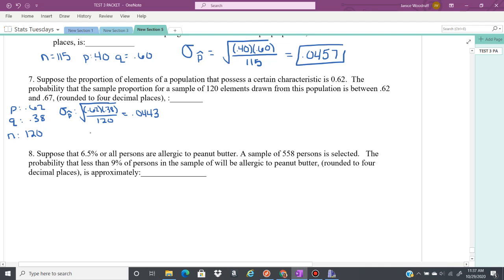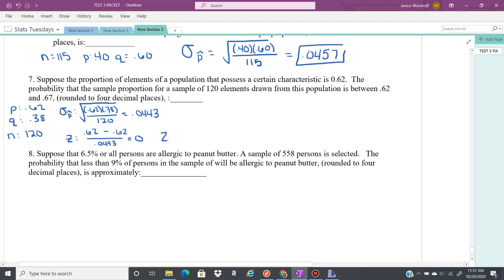Then I want a z-score for 0.62 and 0.67. So we'll start over here. I have p hat, so 0.62, minus p, which is also 0.62, over my standard deviation, 0.0443. Well, 0.62 minus 0.62 is 0, so this z-score is going to be 0.